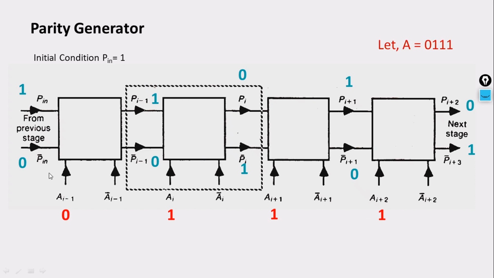So by these serial blocks, I'm able to generate this p. If the number of ones is odd, I am able to generate my output p equal to 0. If the number of ones at the input is even, I am able to generate p equal to 1.